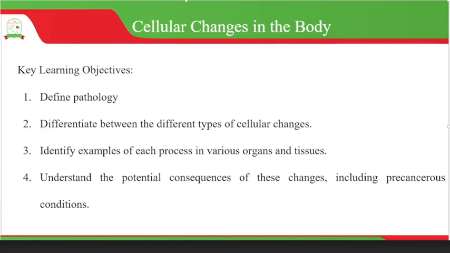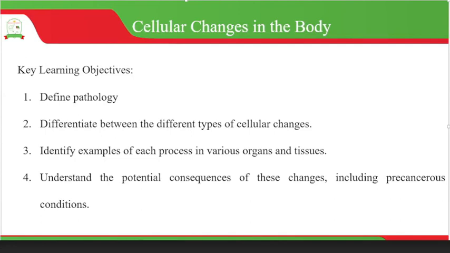So the topic that we are going to talk about is cellular changes in the body, and the objectives for today are, by the end of this session, to be able to define pathology, differentiate between the different types of cellular changes in the cells, and identify examples of each process in various organs and tissues.